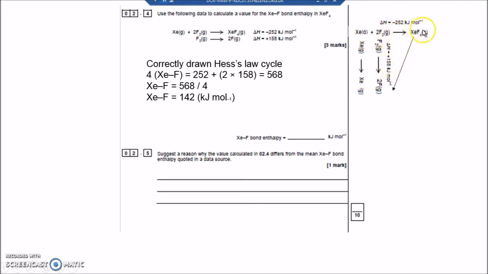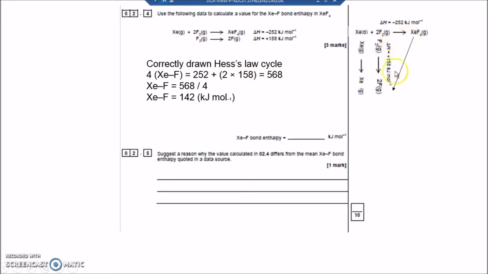So if I started off here and went down to here, the other way of doing it is here to here, so it would be +252. This one to here is 0, so I can forget about that. 2F2 to 4Fs, well I've got F2 to 2Fs is +158, so I can double that.